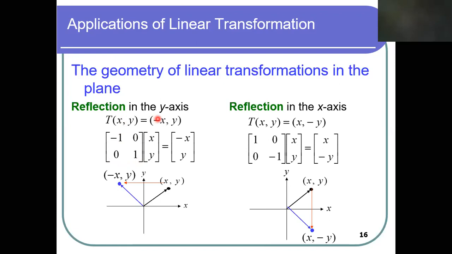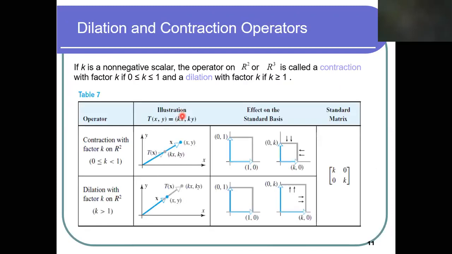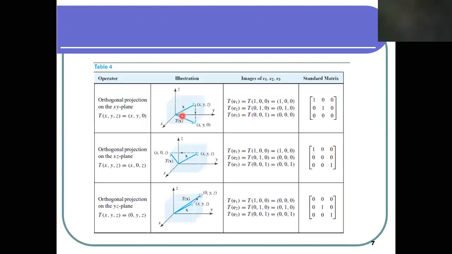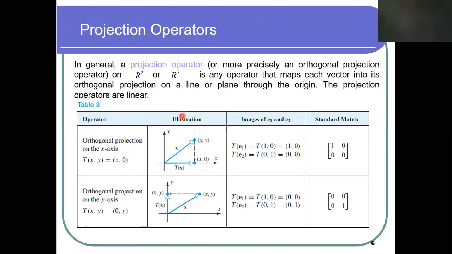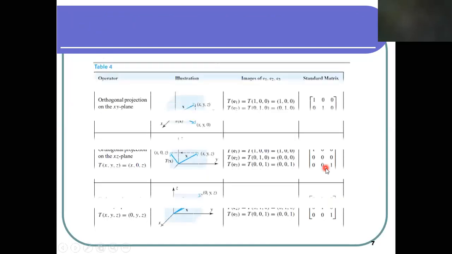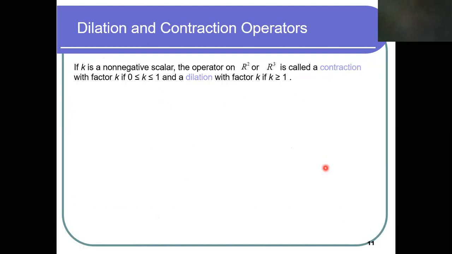If you can go back to some previous slide, if you can see the standard matrix notation of reflection, like this one, the reflection about the y-axis, this is [-1 0; 0 1]. So I'm giving you just the matrix representation of reflection about the y-axis.